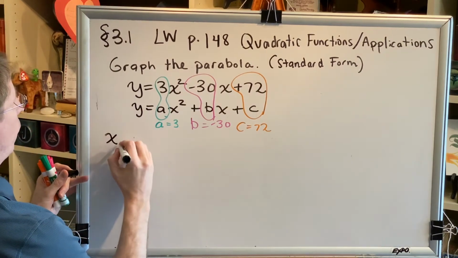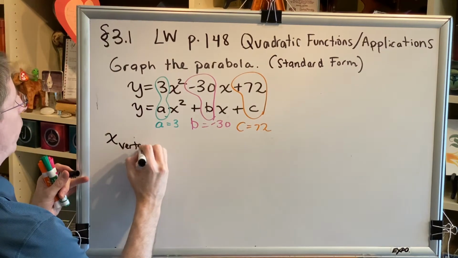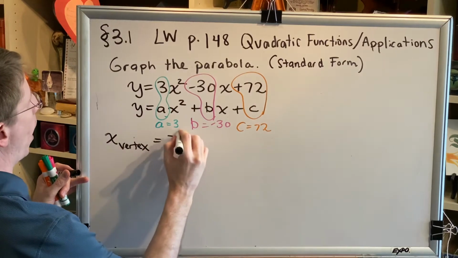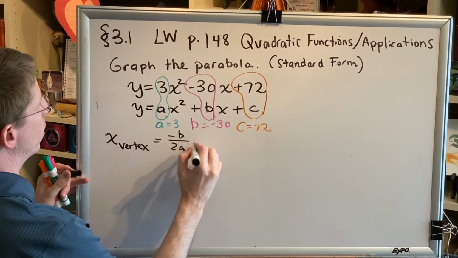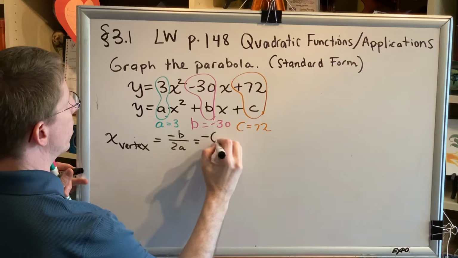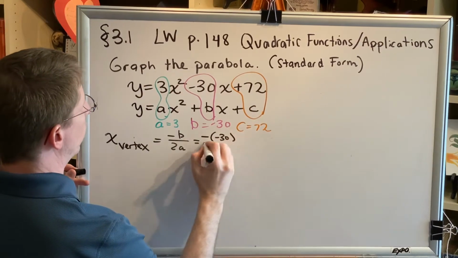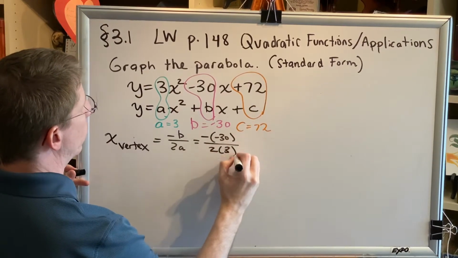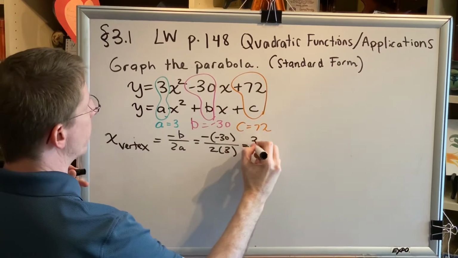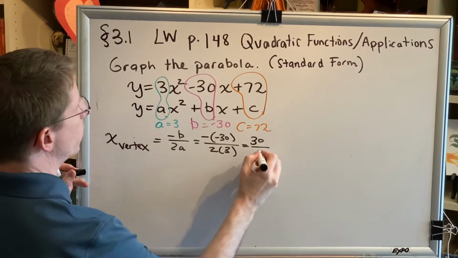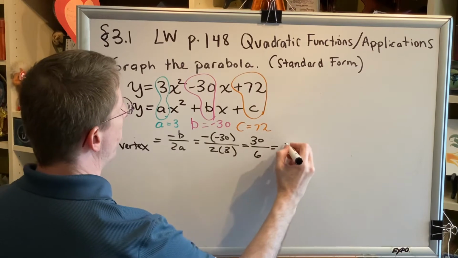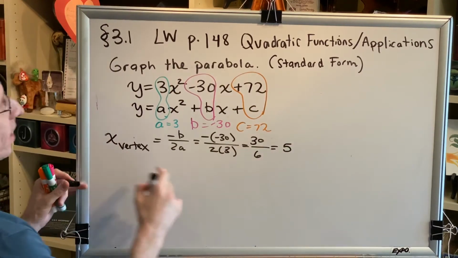The formula for the x coordinate of the vertex is opposite b over 2a, which in this problem is opposite negative 30 over 2 times 3. A negative negative is a positive, so the numerator is 30. 2 times 3 is 6, and 30 divided by 6 is 5. So the vertex x is 5.